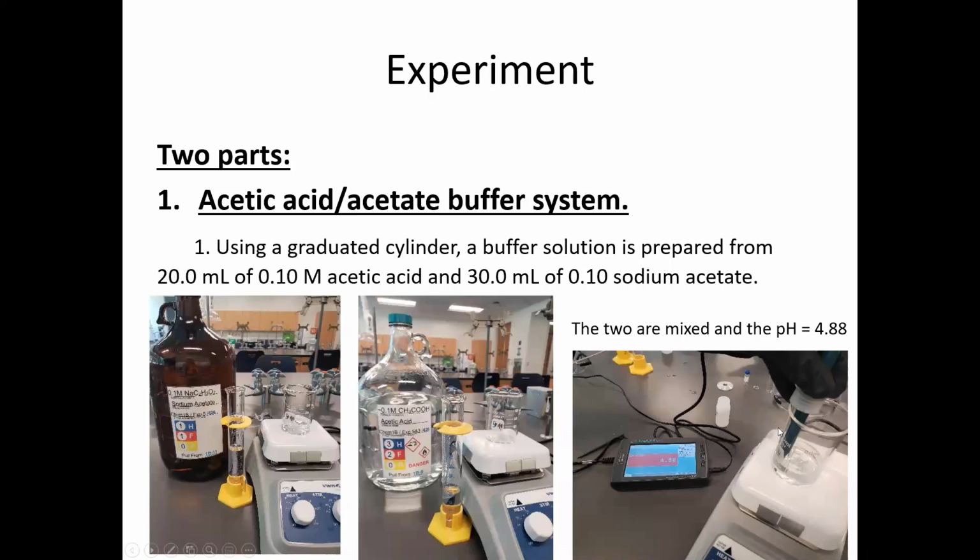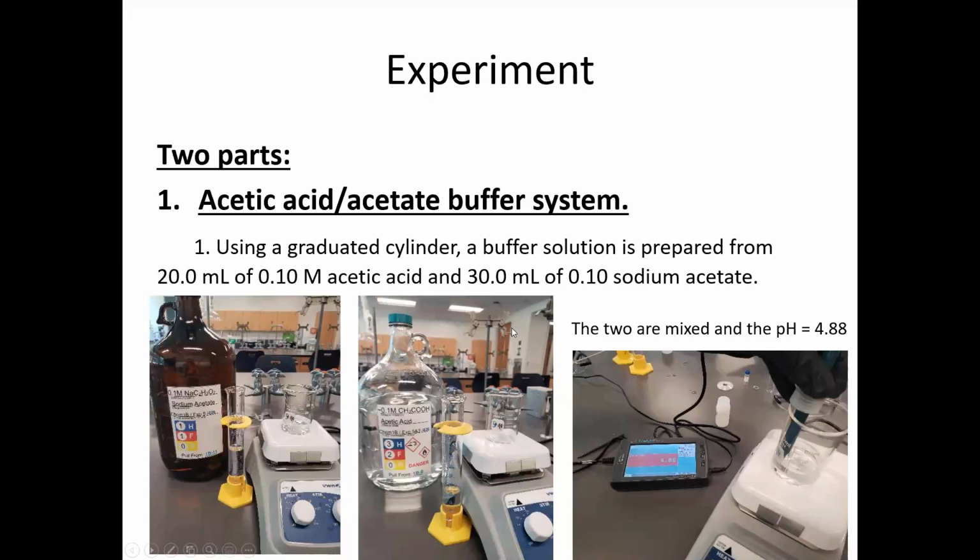After the solution is mixed, we can use this pH meter. I'll show you how to use the pH meter in the later part of the slides. We just stick the sensor into the solution, and that can read out the pH value. For this buffer, the readout value is 4.88.